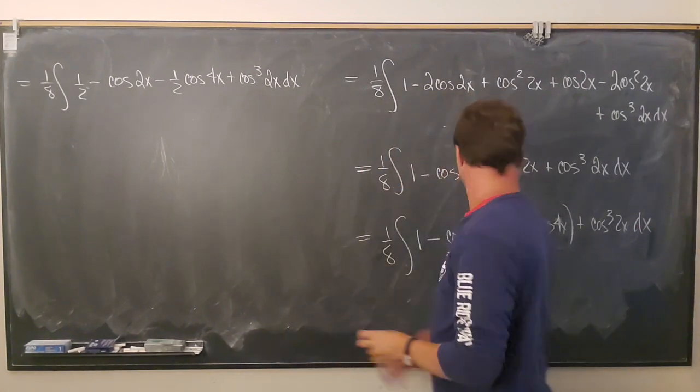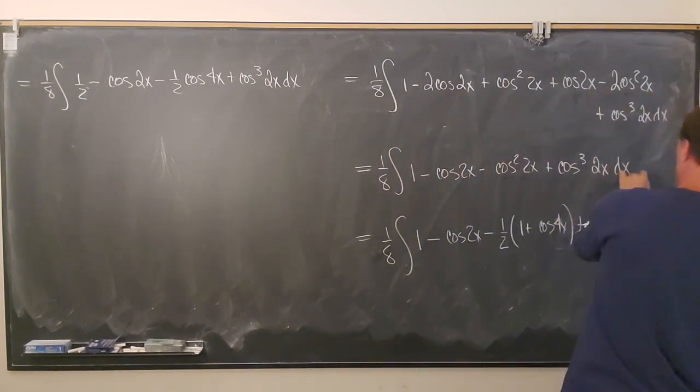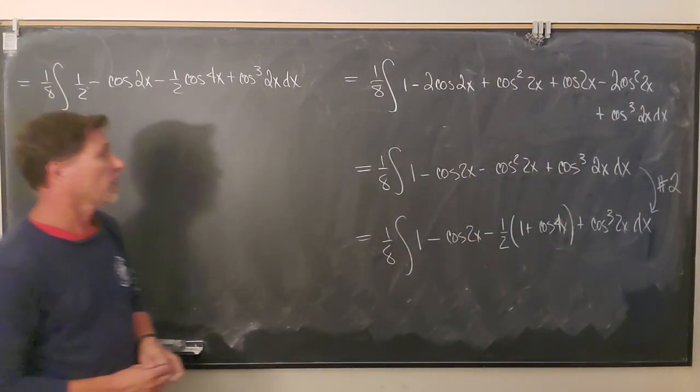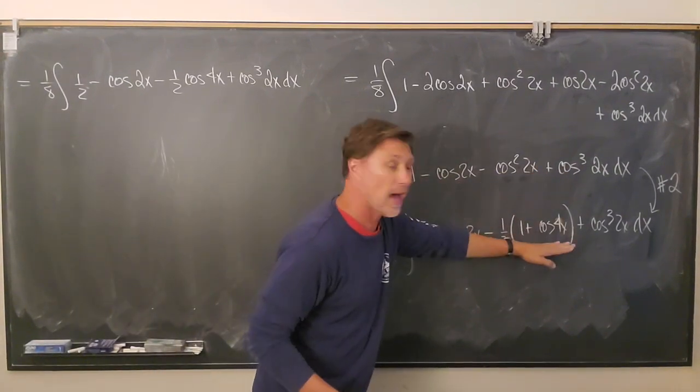So I agree it's a little bit tedious. Oh, and by the way, let me just mark right here at that step, I applied identity 2, converting this cosine squared to that piece right there.